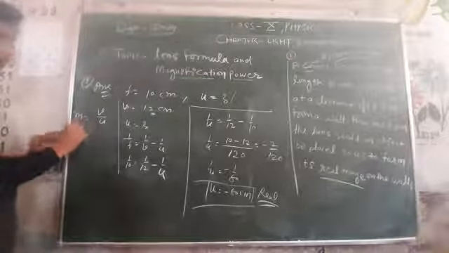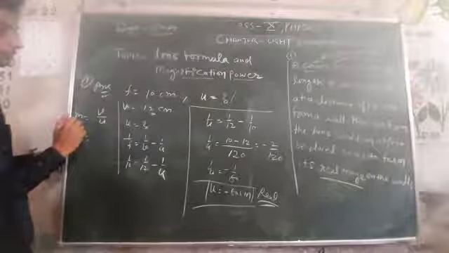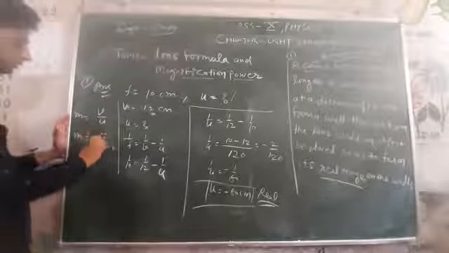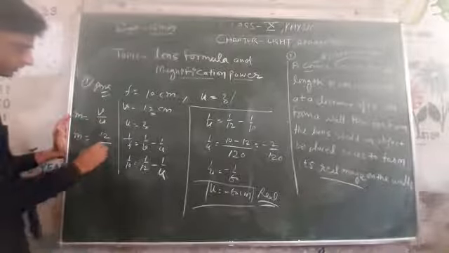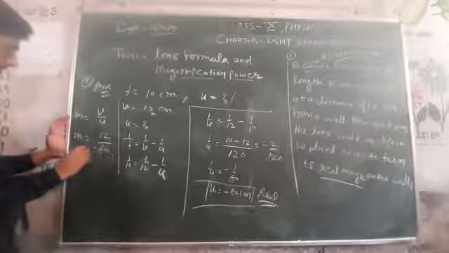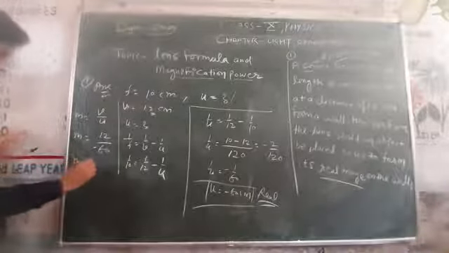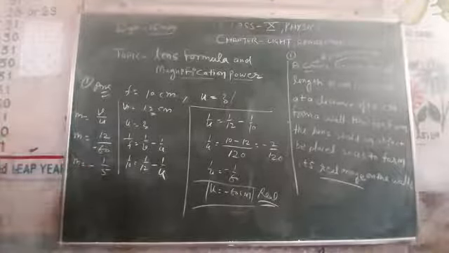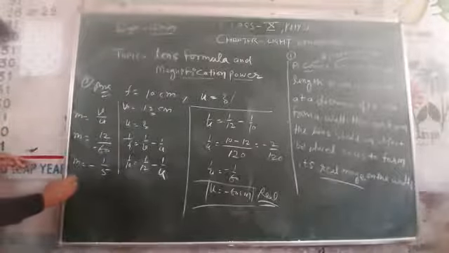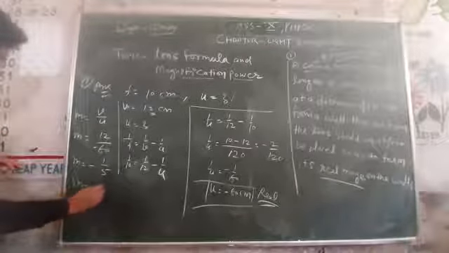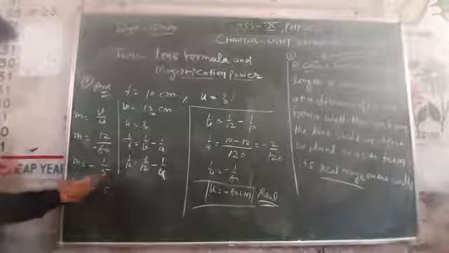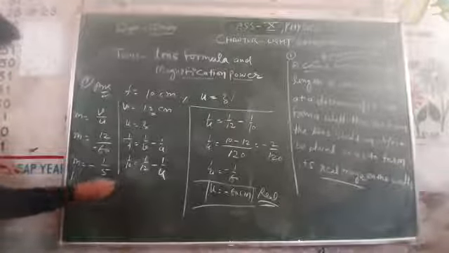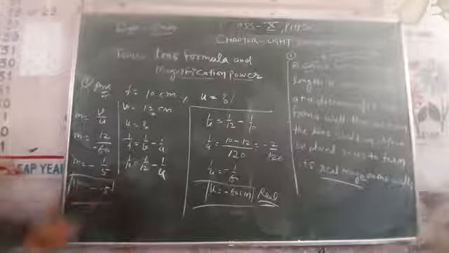The value of v is 12, and u is minus 60. So M equals minus 1 upon 5. So M equals minus 0.2. So the magnification power is minus 0.2.